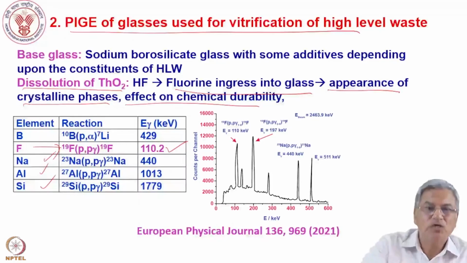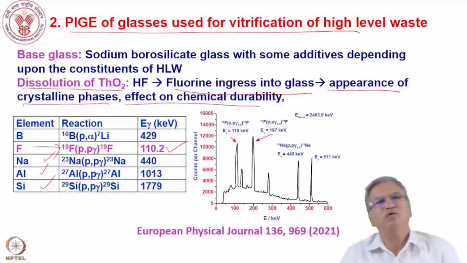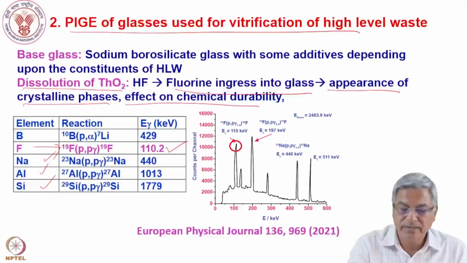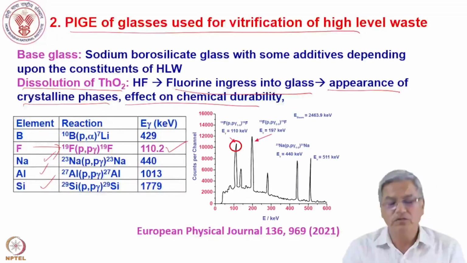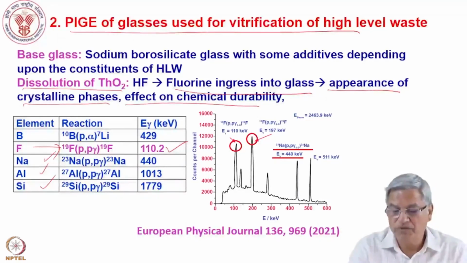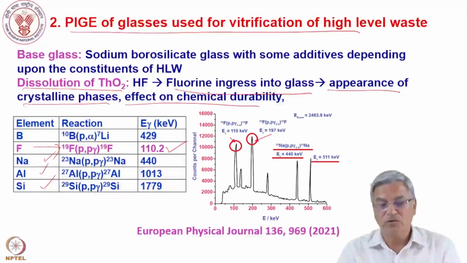So in one shot, all the constituents of the glass will give you the gamma spectrum. Again, there is one more reaction of fluorine with the proton, p,p' gamma. You have 197 keV, sodium 440 keV. There is a 511 keV gamma ray also.